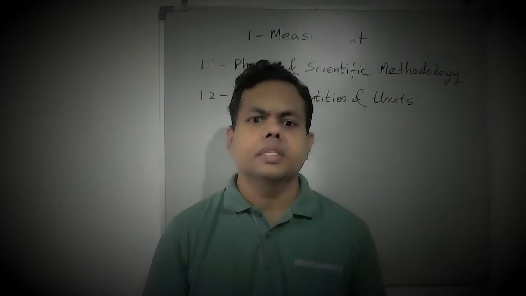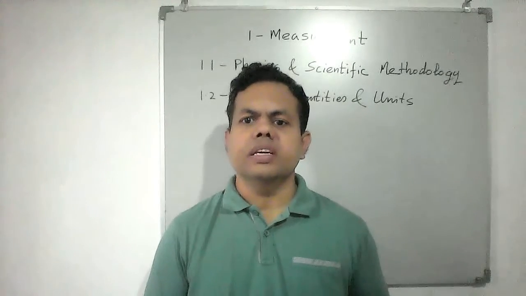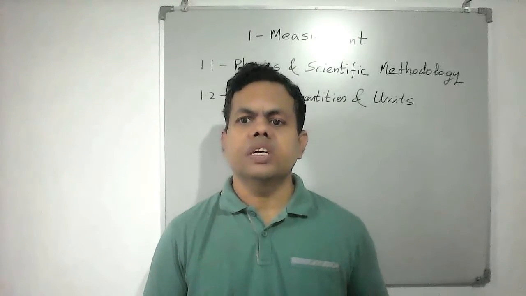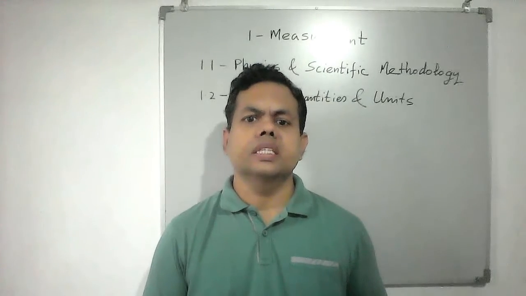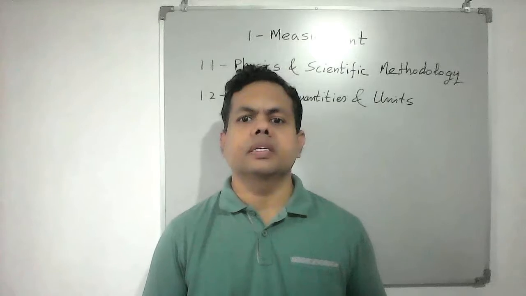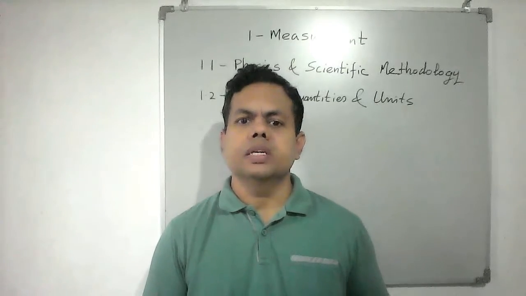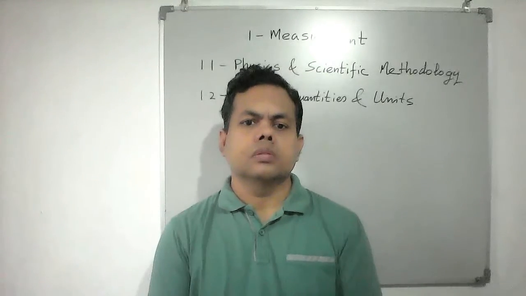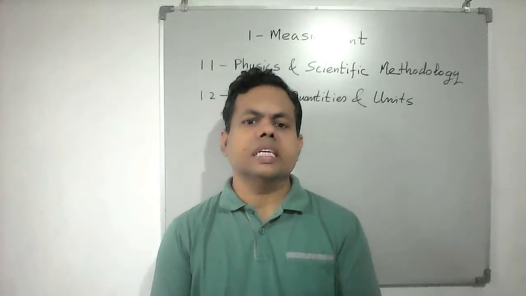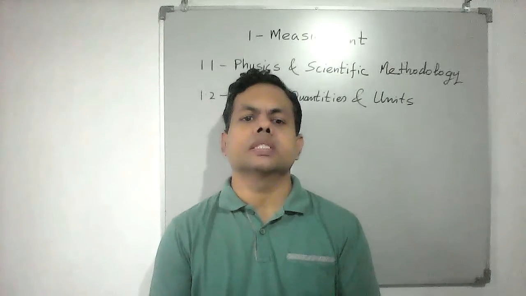Ampere, old definition: the constant current which, when flowing in two infinitely long parallel thin wires 1 meter apart in vacuum, produces between them a force per unit length of 2 × 10^-7 newtons per meter.